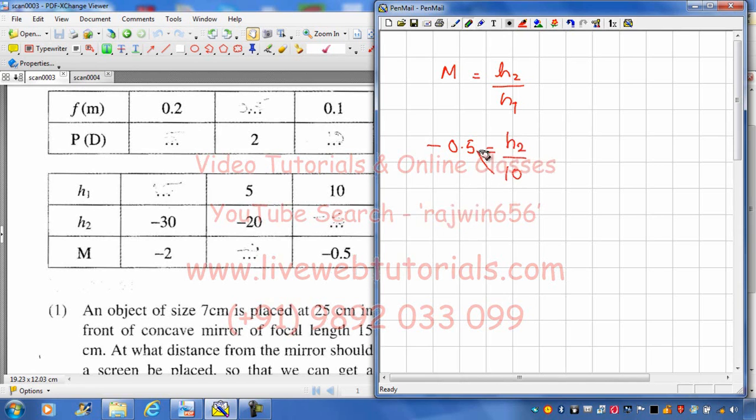I can bring this 10 here in the numerator. -0.5, I can shift the decimal. I can write that as 5 upon 10 when I shift the decimal of 0.5, and this 10 is going to come up in the numerator, so that will be multiplied by 10. This is going to give me H2. You can simply cut this 10, 10. So H2 is equal to minus.